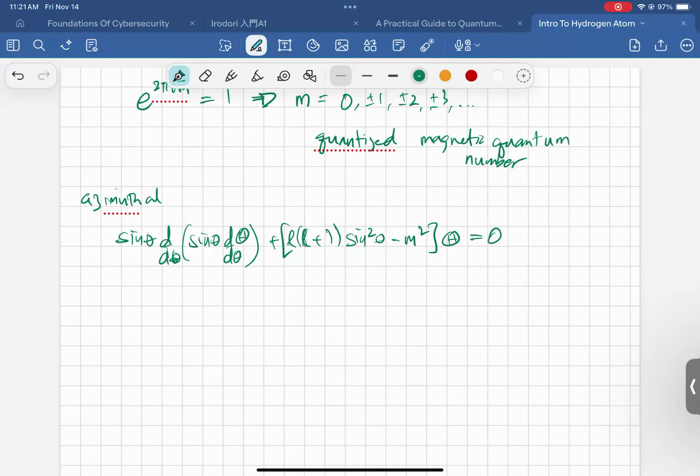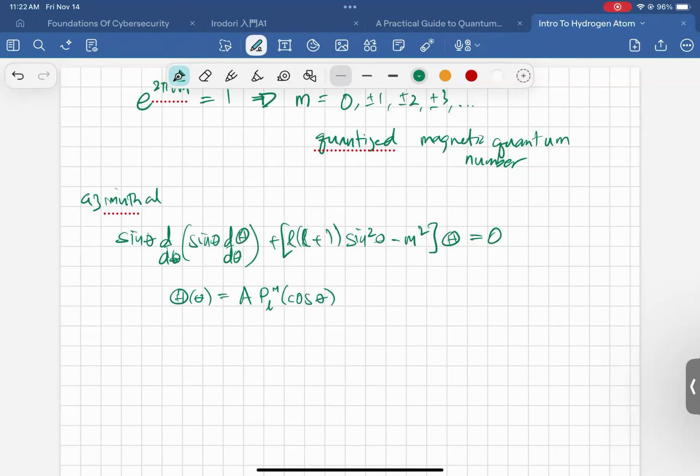But yung magiging solution dito, okay, is capital theta, okay, capital theta equals A, which is a normalization constant, okay, and then P sub L super M, and then cosine of theta.